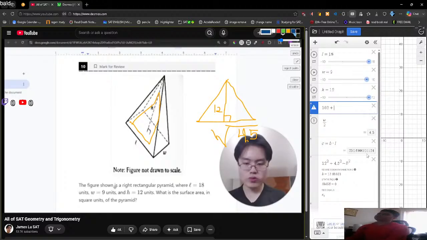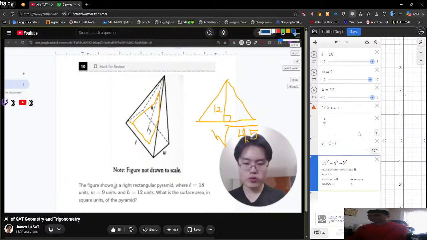Oh my god, I forgot to write the other one. Okay, so this was L. This was L, which makes it so one of these is L. 4.5. Okay, yeah, so this becomes 9, which gives us 15.